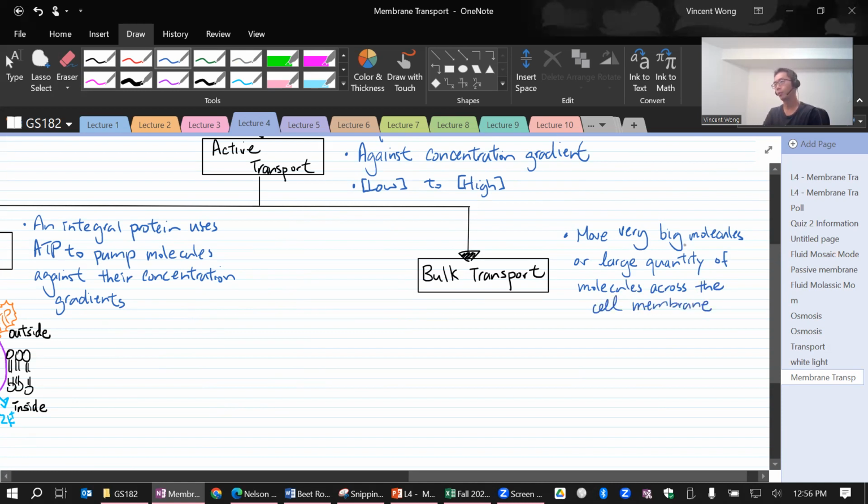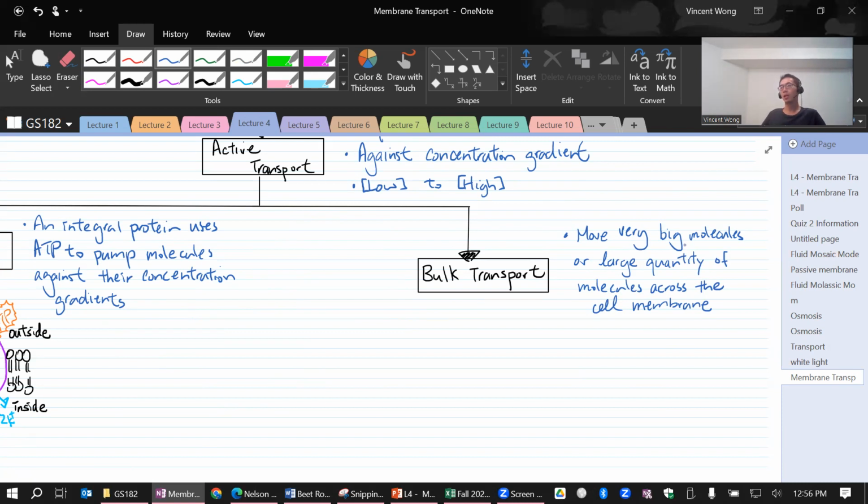So either they are really big, even transport protein can't move them across, then you need to do bulk transport, or you just need to take in a lot of them at the same time.